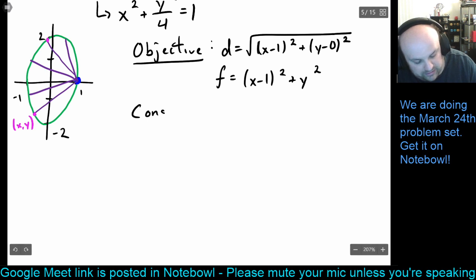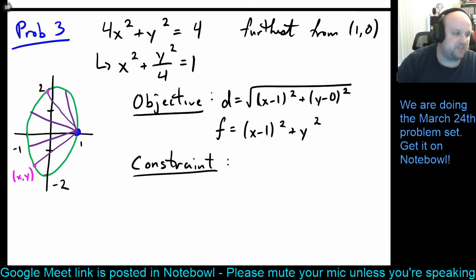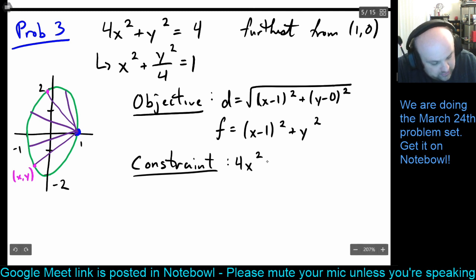The constraint. Right now we're just saying our objective function is the distance from any point to 1, 0. We want to make sure that we stay on the ellipse, so we're going to use the actual equation for the ellipse.